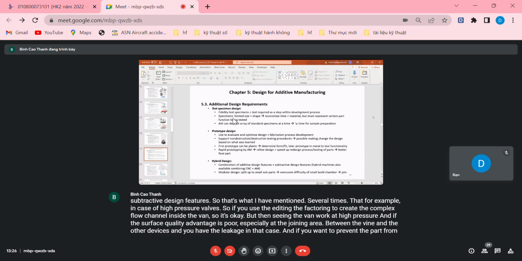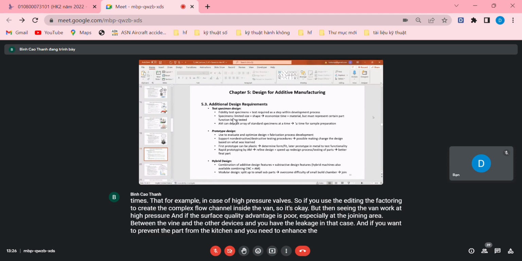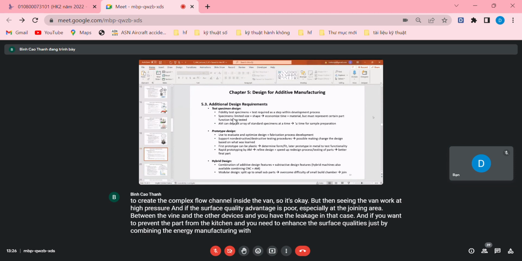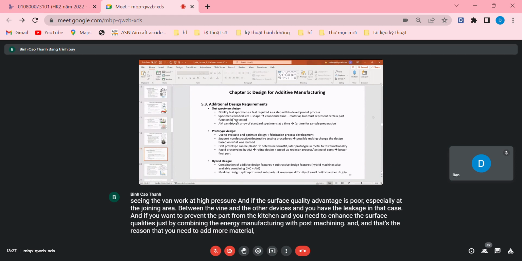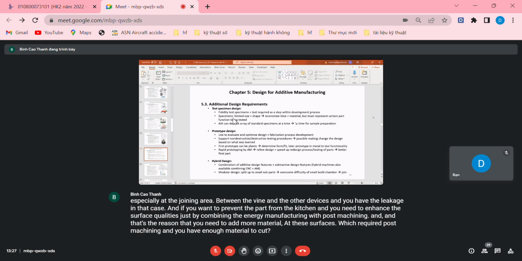If you want to prevent the part from leakage, you need to enhance the surface quality by combining additive manufacturing with post machining, and that's the reason you need to add more material at these surfaces which require post machining, so you have enough material to cut, or to mill or to polish, yeah.